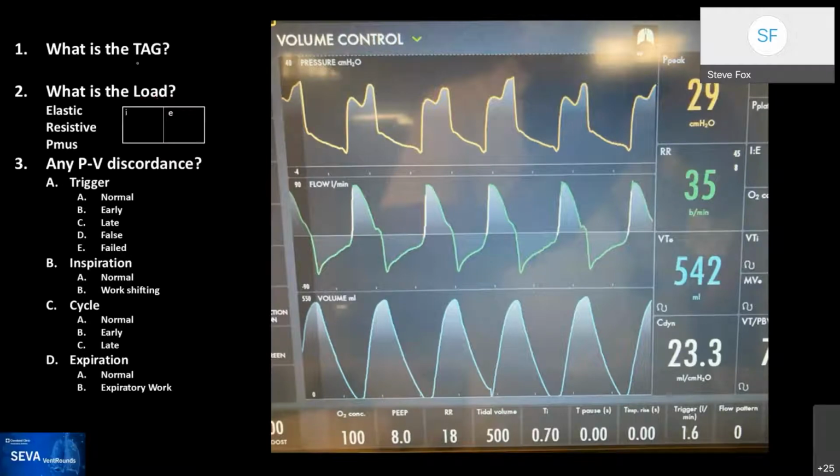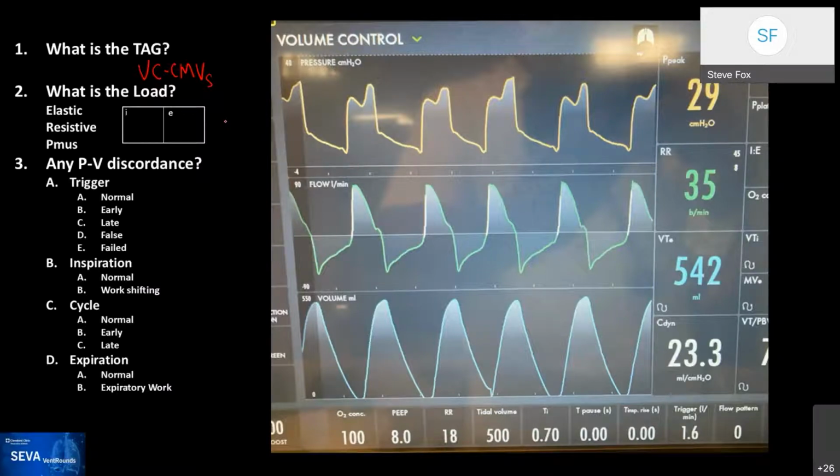In theory, it could be PC-CMVS because it's not a totally perfect flow waveform, but again, it says volume control at the top, so that helps me. And the flow waveform is reasonably the same throughout. And this ventilator, I think in particular, can have that sort of not perfect flow waveform. So anyway, we have VC-CMVS.